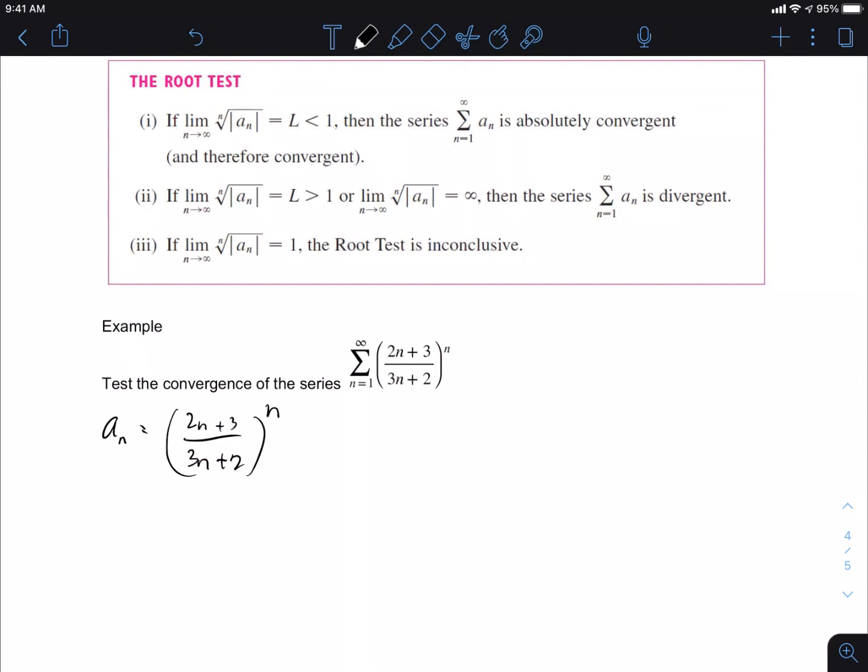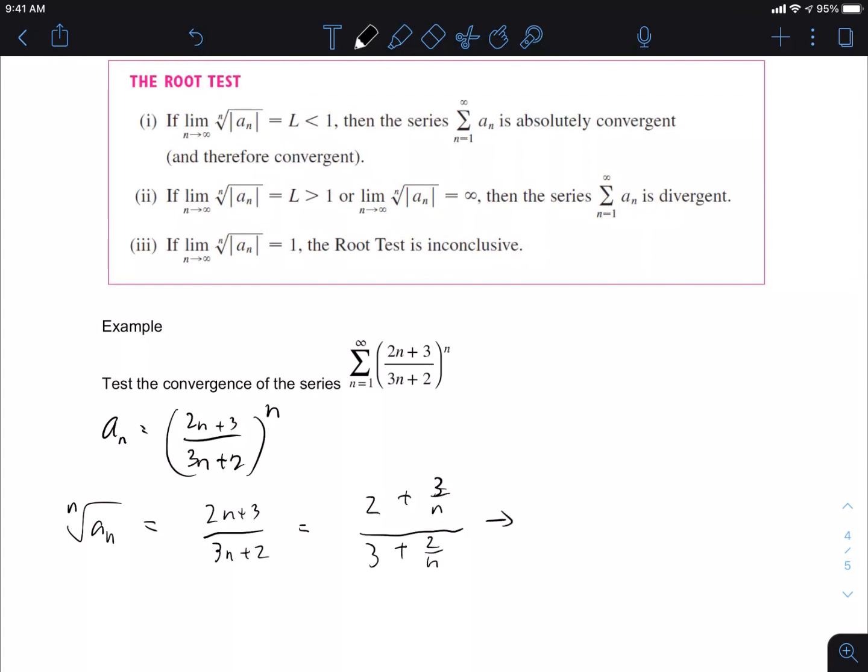But since we're trying to do a root test, what I'm going to do is I'm going to take the root of both sides. And so what I'm going to end up with is the nth root of a to the n is 2n plus 3 over 3n plus 2. That's going to be dividing everything by n. Ooh, that should be a 3 over n. And then 3 plus 2 over n.